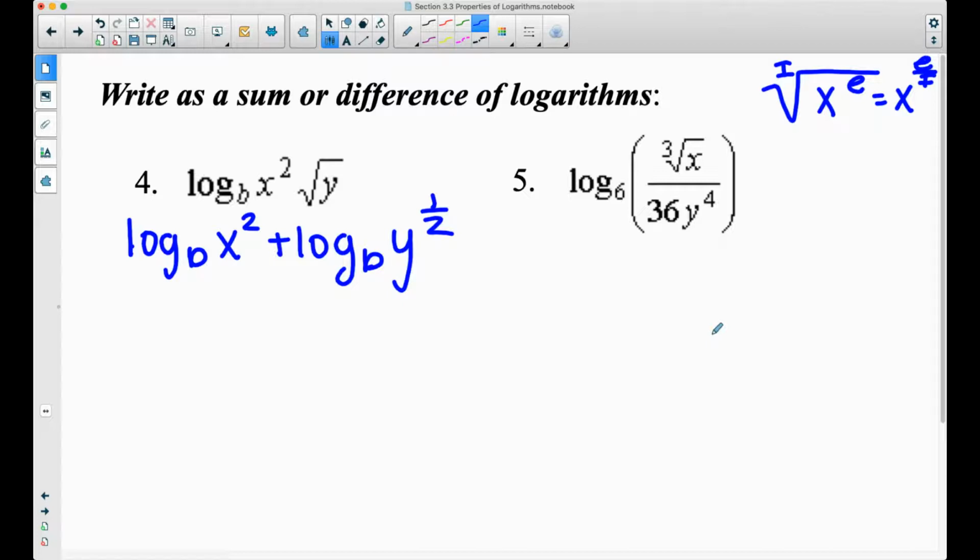Okay, so since I'm multiplying between x squared and square root of y, I can expand that by addition. I changed my square root of y to the 1/2, and now I just have my exponents I'm going to bring to the front. And remember, it's only to the front of the logarithm they apply to.